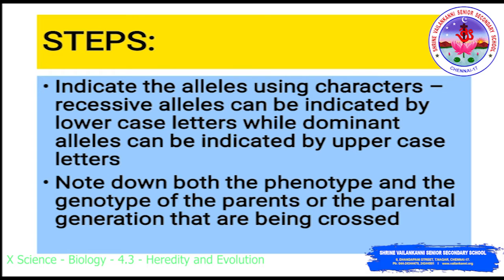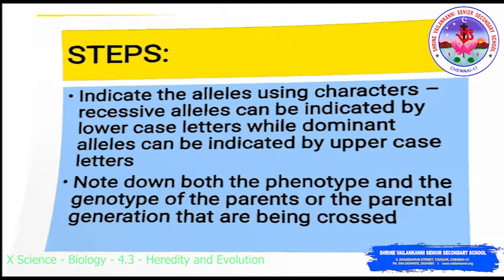Step number 2: note down both the phenotype and genotype of the parental generation that are being crossed. Even generations like the F1 and F2 generation, when being crossed, can be noted.